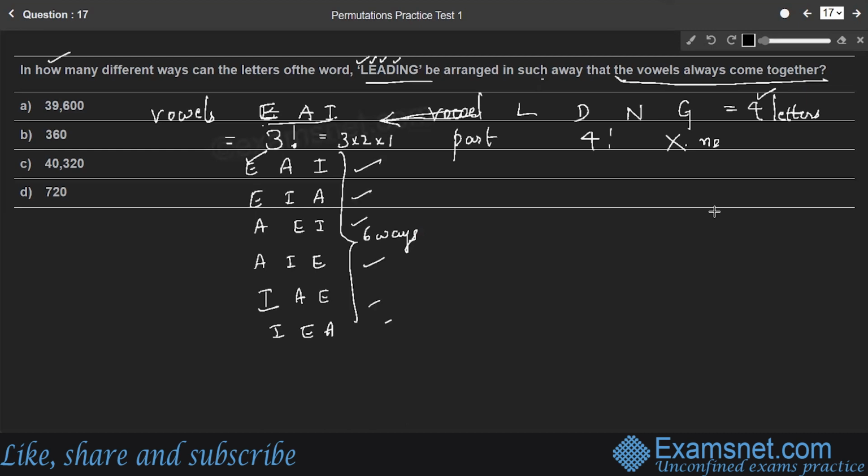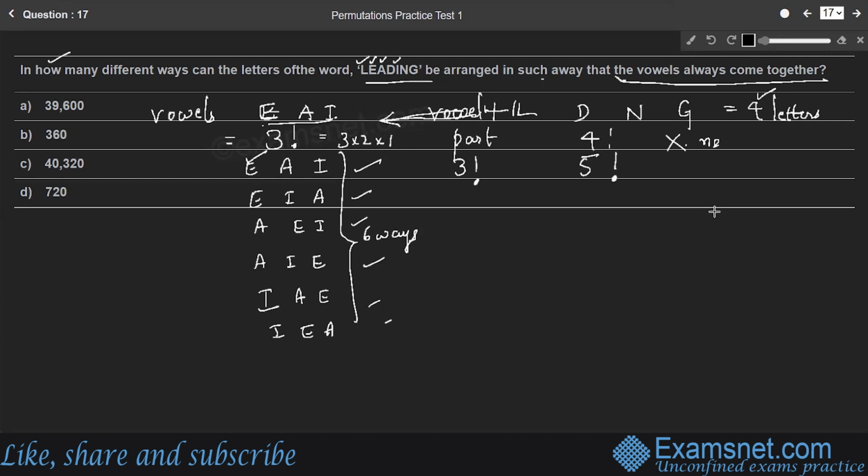In any way the vowels are arranged, they are together. Therefore, vowel part plus the remaining letters L, D, N, G makes this arrangement. Therefore, it should be factorial 5. So first it is factorial 3, and factorial 5.